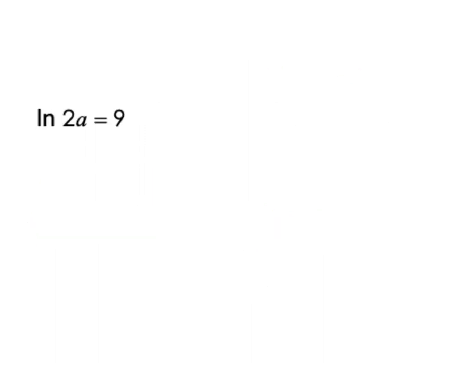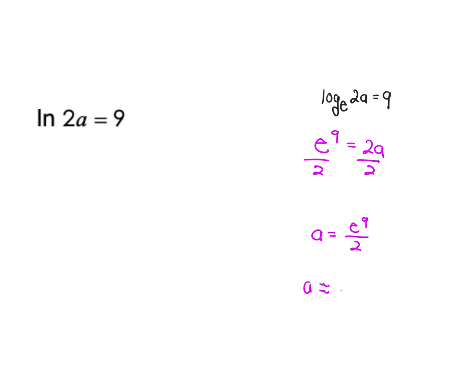Here we have ln of 2a equals 9. So this is technically log base e of 2a equals 9. So the way to rewrite this is e to the 9th equals 2a. And then you can divide both sides by 2. And you'll get that a is e to the 9th divided by 2, which is about 4,051.54.